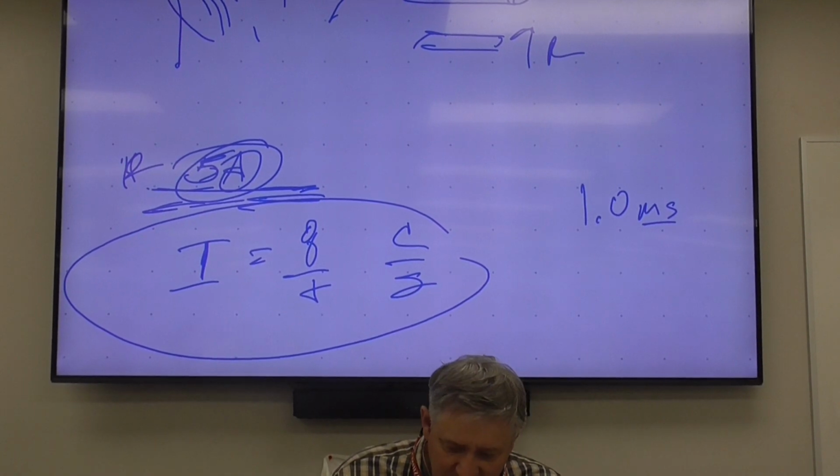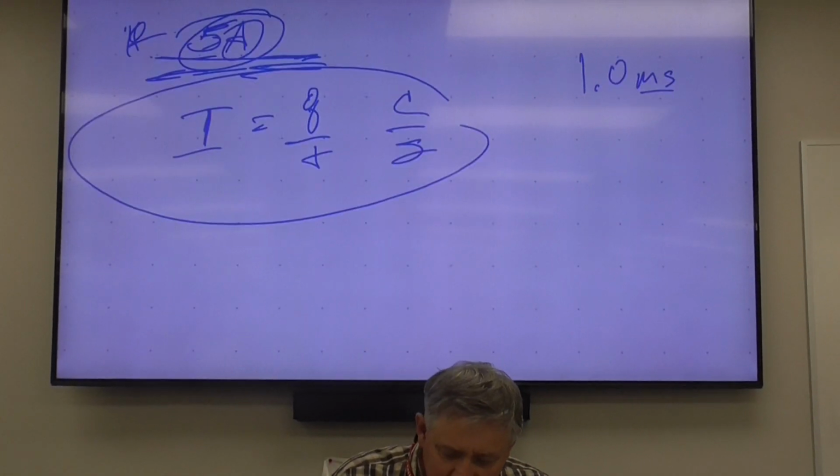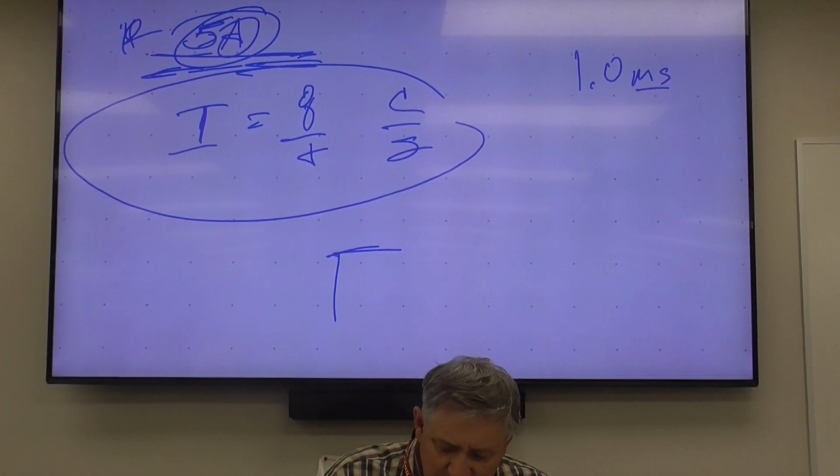And that's the whole point. Whether it's a battery or you plug it into a wall, we're mostly going to work with batteries.